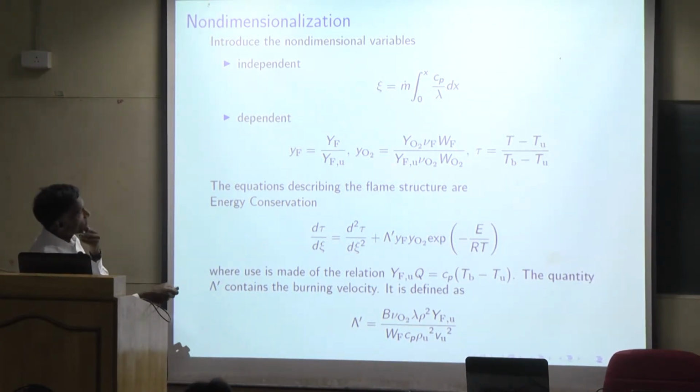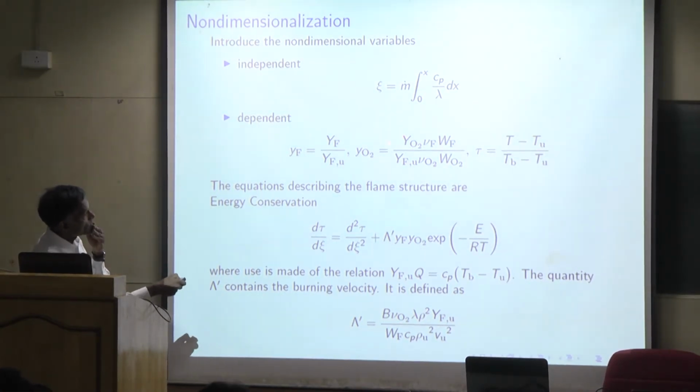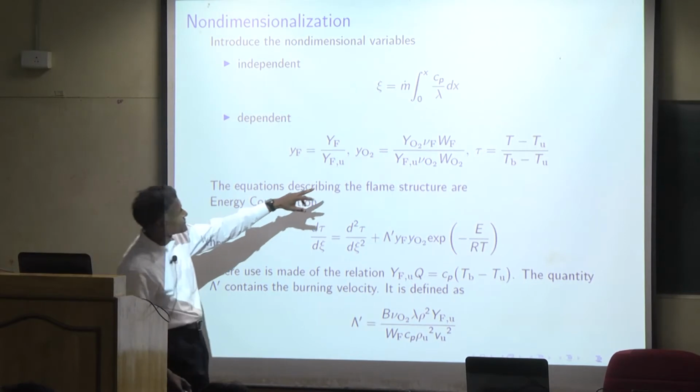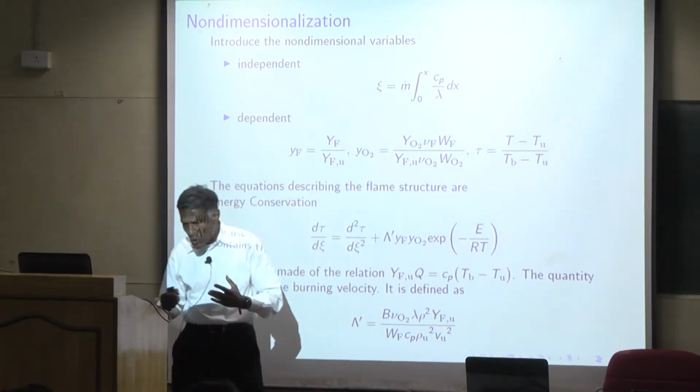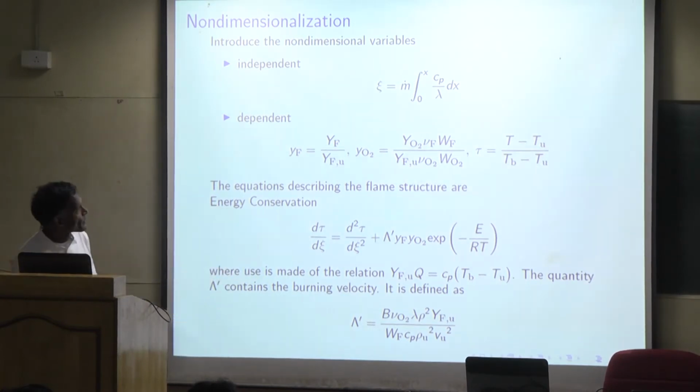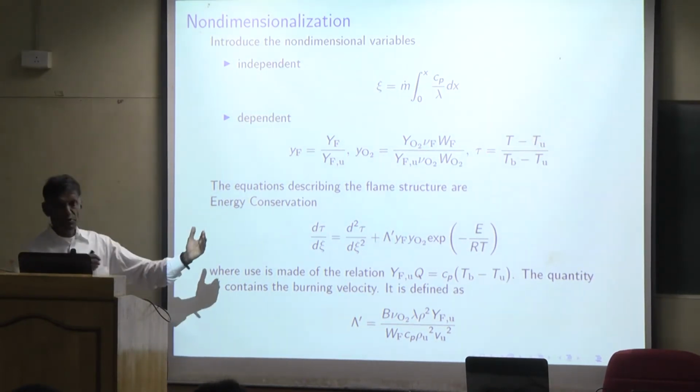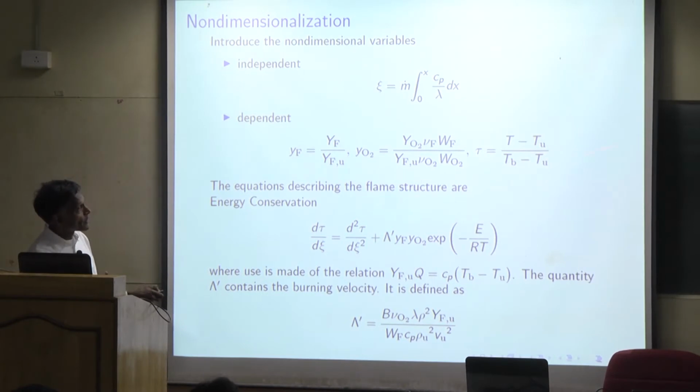Okay, that's the fuel mass fraction, normalized. This is the O2, normalized with the stoichiometric value of O2. Okay, and that's the tau, the nondimensional temperature. You can see that this tau goes from 0 to 1. Correct? Okay. All right.